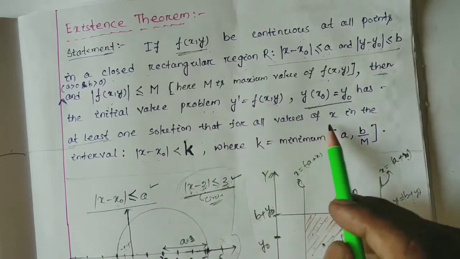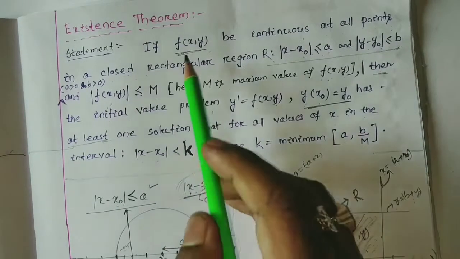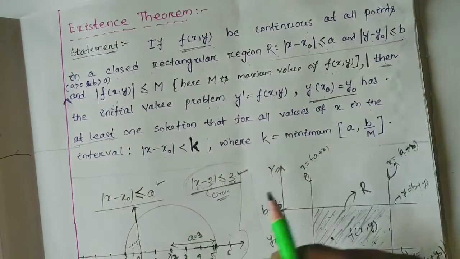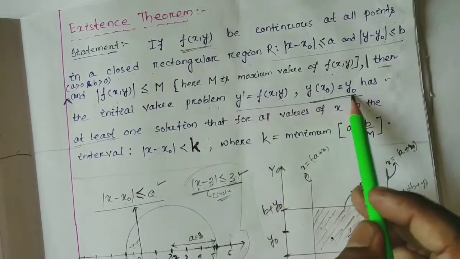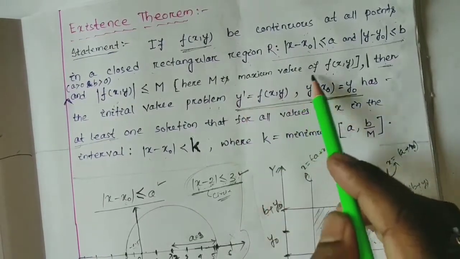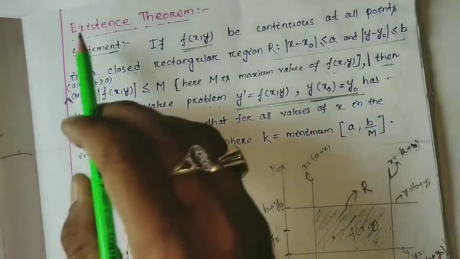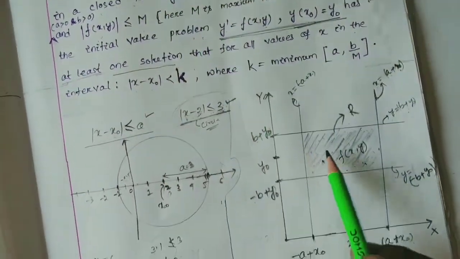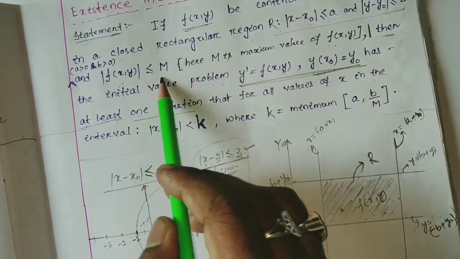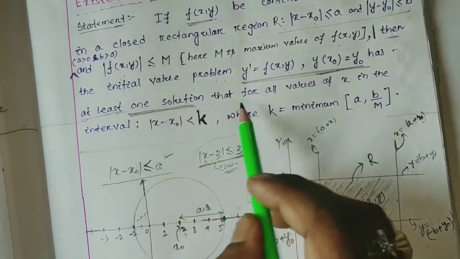That means if a function is continuous in this region and has a maximum value M, then its initial value problem, which in general we write in this differential form with the initial value, has at least one solution for all values of x.